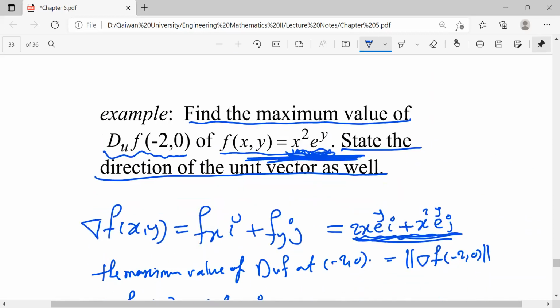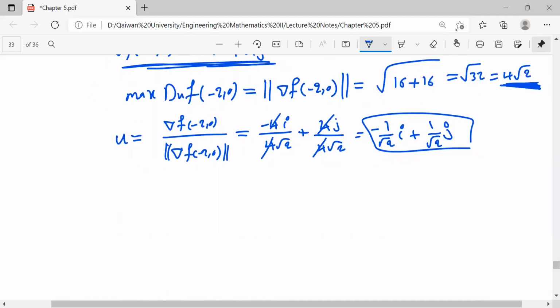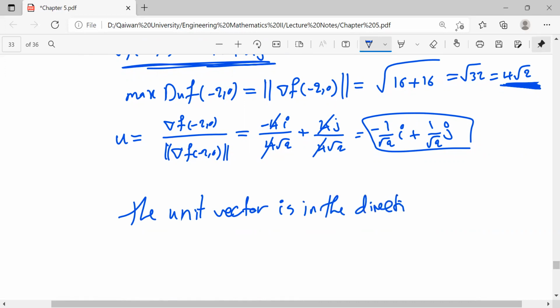And it says, state the direction of the unit vector. We say the direction of the unit vector must be in the direction of the gradient vector. The unit vector is in the direction of the gradient.